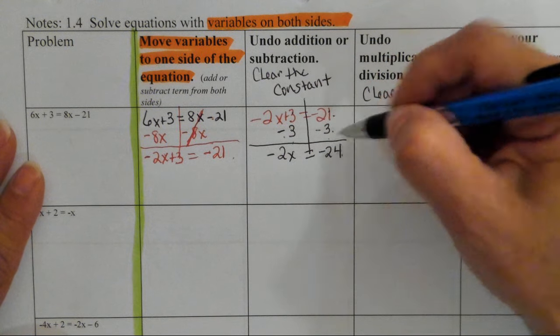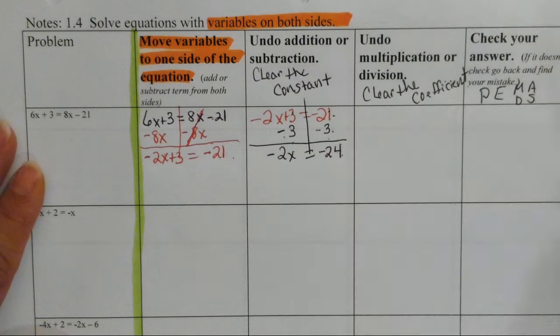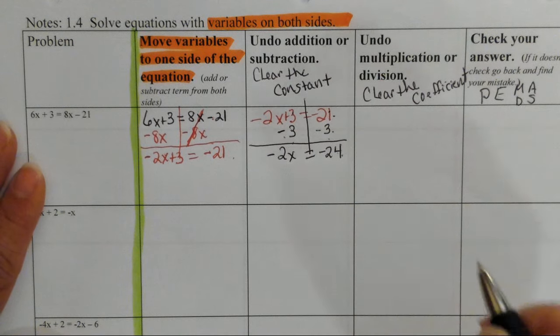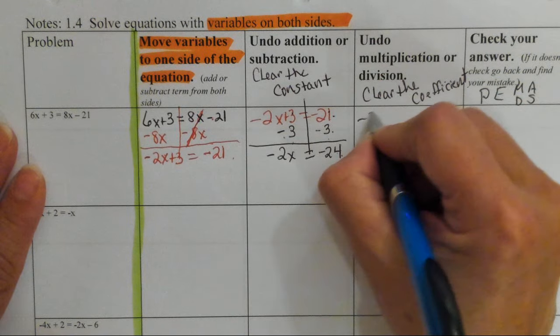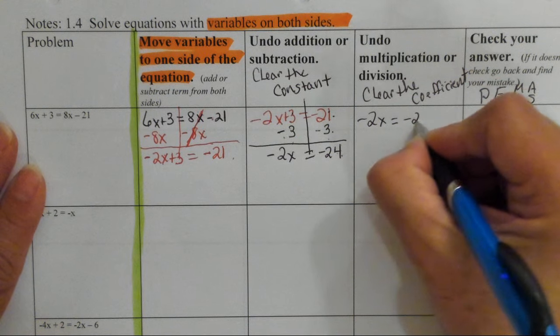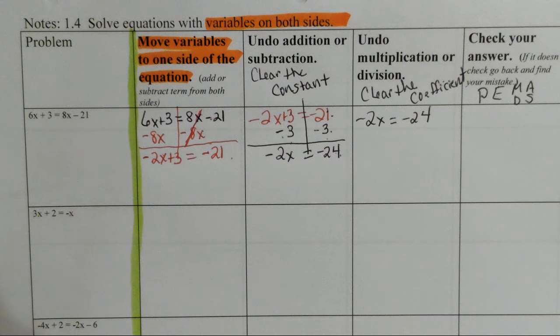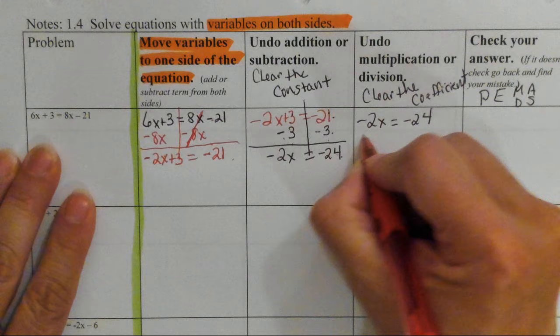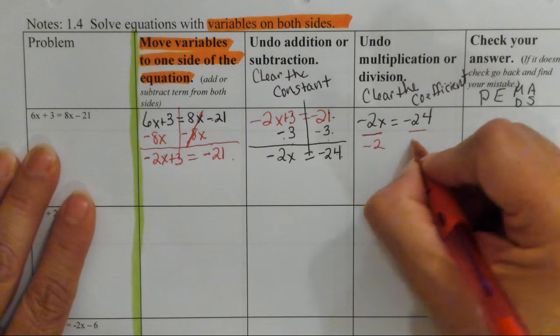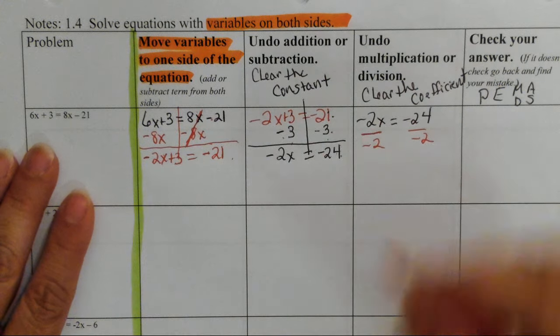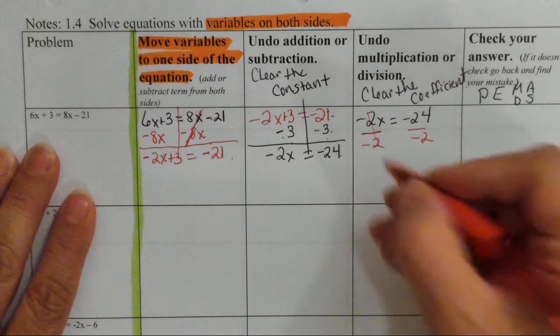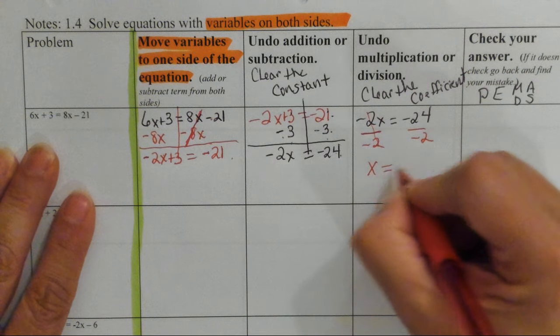In this case, we're not multiplying, so we don't get a positive there. And then we're going to take the negative 2x equals negative 24 and clear the coefficient. So we're talking about the negative 2 here. To get rid of the multiplication, we've got to divide. So the negative 2 disappears, and we end up with x equals 12.